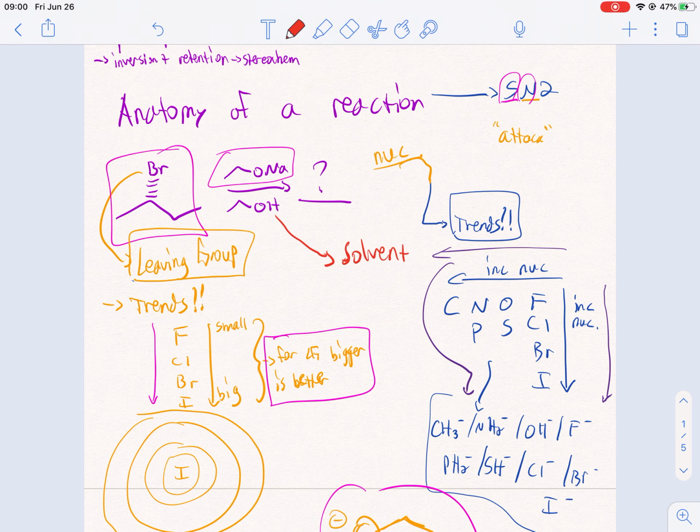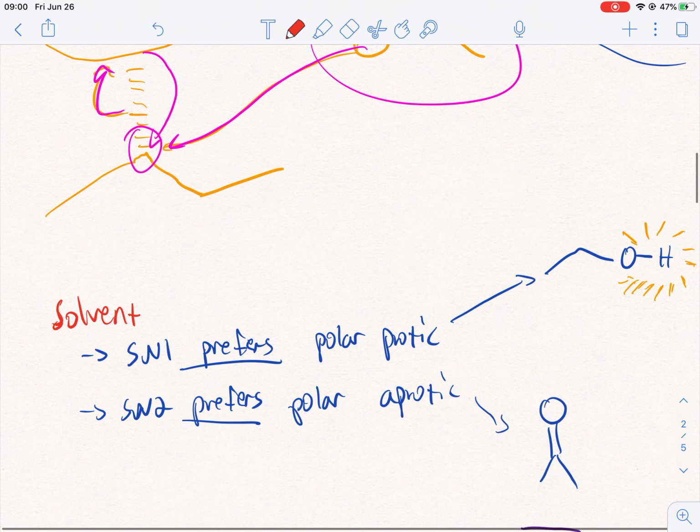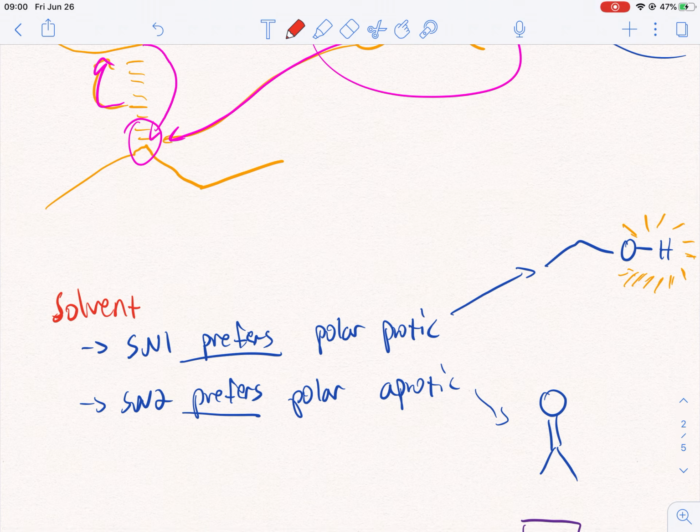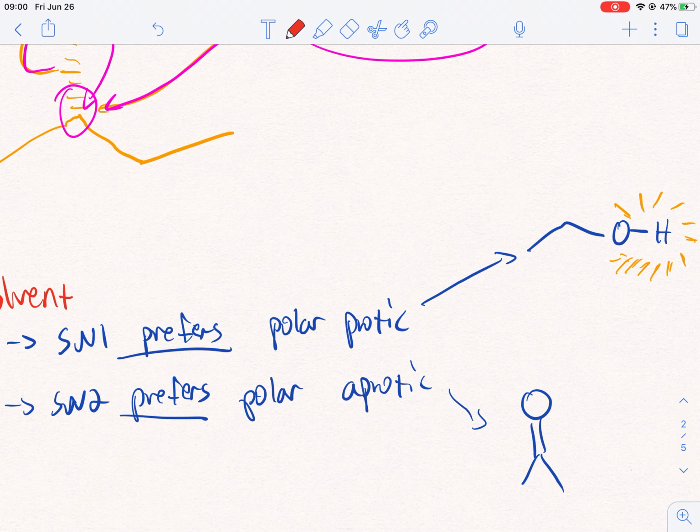Okay, so solvent right now is not as important for at least this chapter. It will be important, but here's a couple things I want to note. For solvent, SN1 prefers a polar protic solvent, and we're talking about SN2. SN2 prefers polar aprotic. Okay, what's polar protic, polar aprotic? Polar, we know what polar is. Protic, aprotic means that on these solvents, there's a heteroatom, oxygen, nitrogen.